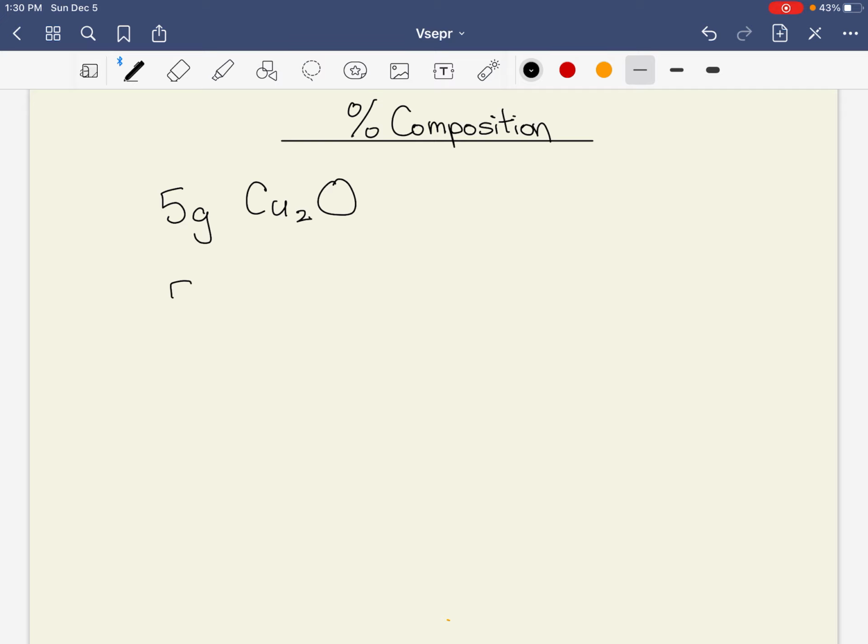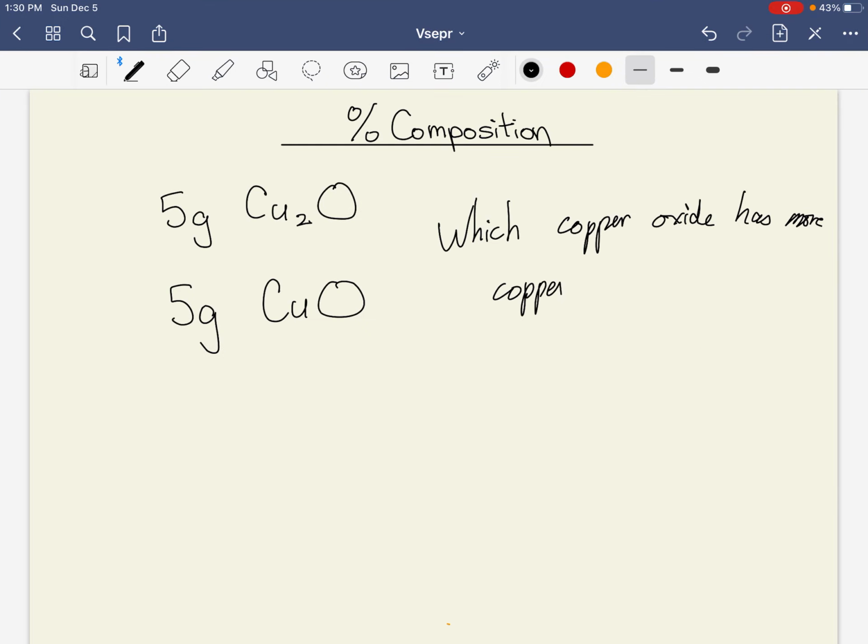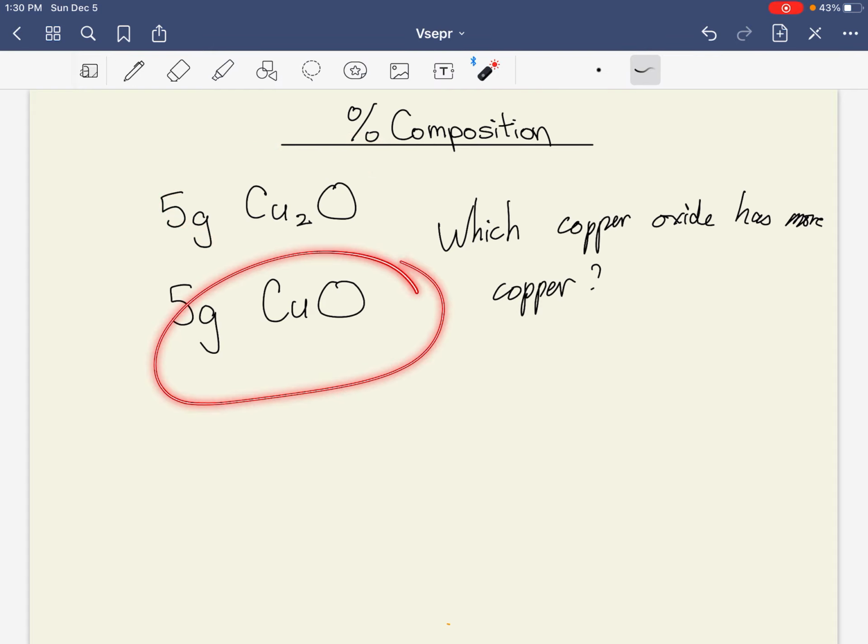Which copper oxide has more copper? So if you're a copper miner and you're mining copper oxide, and there's of course copper 1 oxide and copper 2 oxide, who gets more copper? Which miner is a better miner, getting more stuff and getting paid more?